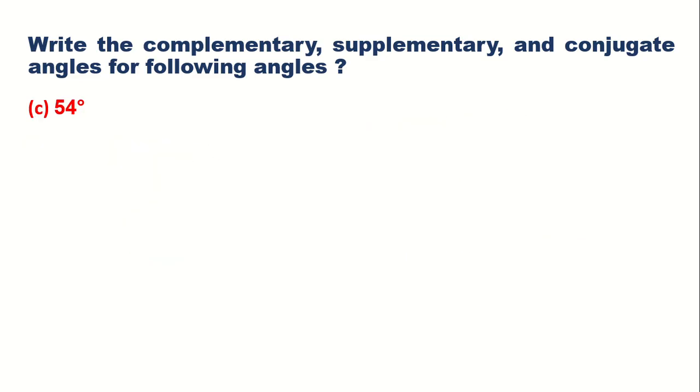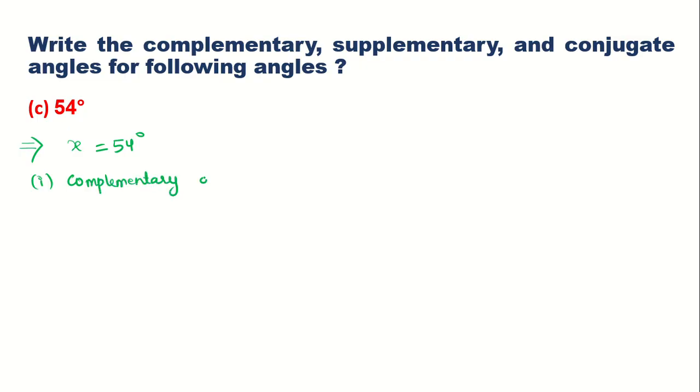Let's see one more problem. So, practice along with me so you can understand how well you have understood the topic, and you can also find out where you are getting stuck, and any mistakes or errors you are making. So, the given x here is 54 degrees. First, we'll find the complementary of this.